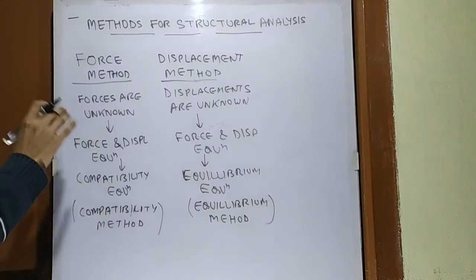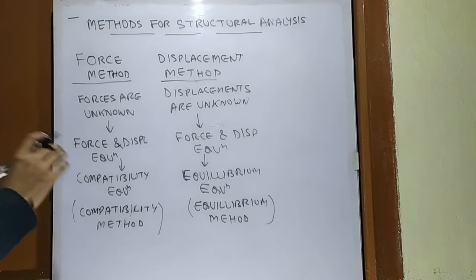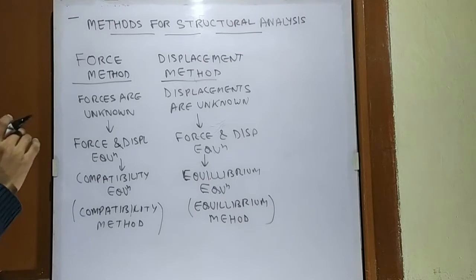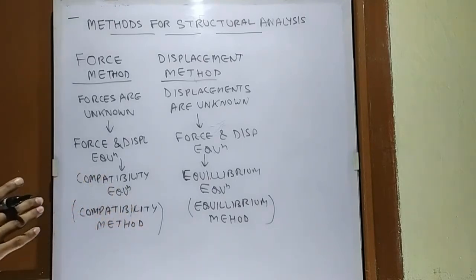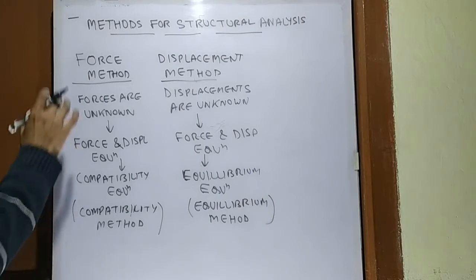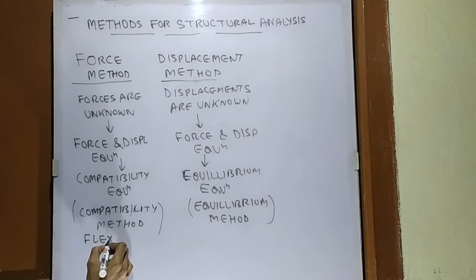While applying force method, we sometimes have to write a flexibility matrix, okay. So because we have to utilize the flexibility matrix in force method, this force method is sometimes also called as flexibility method, okay.